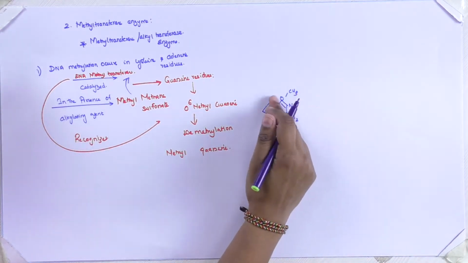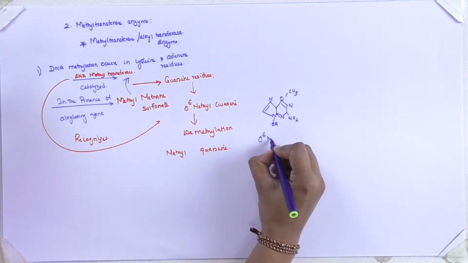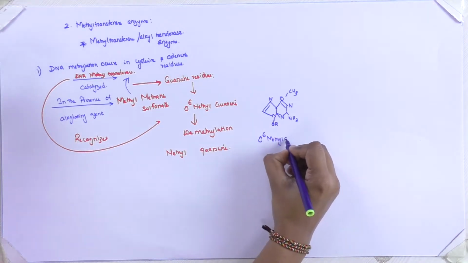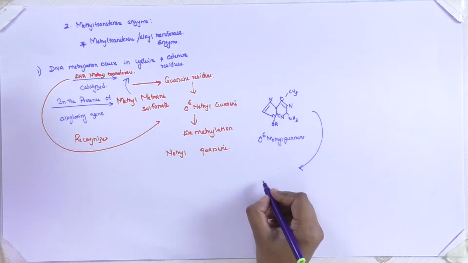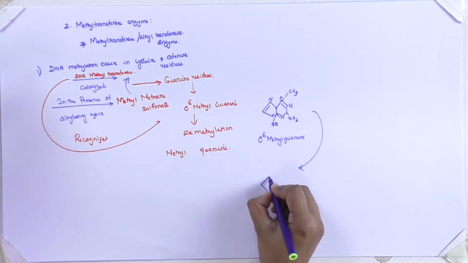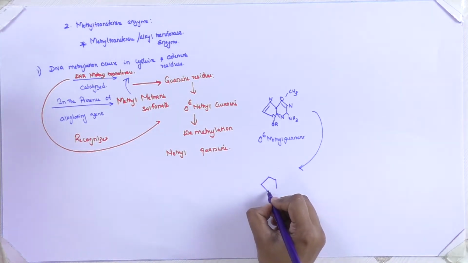So you have a compound known as O6 methyl guanine. It's been converted into normal guanine.